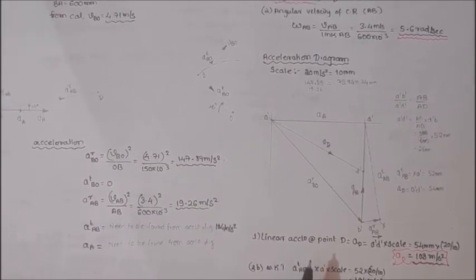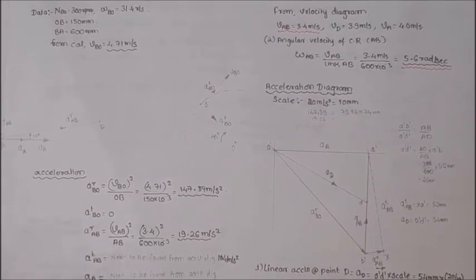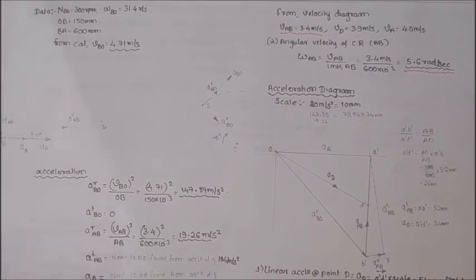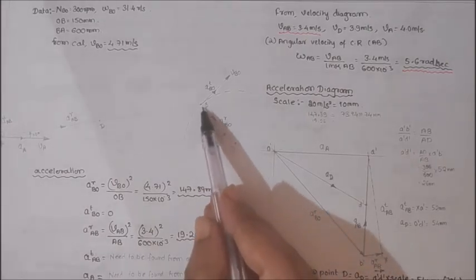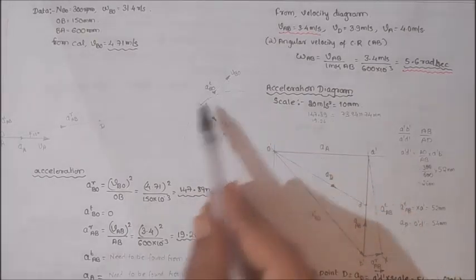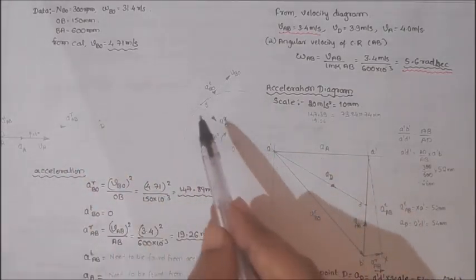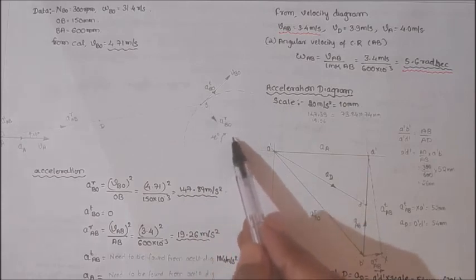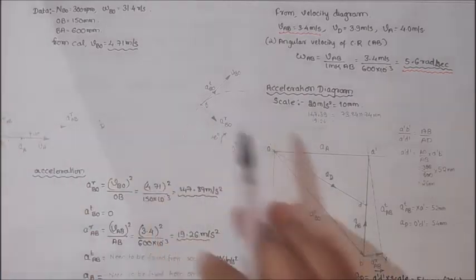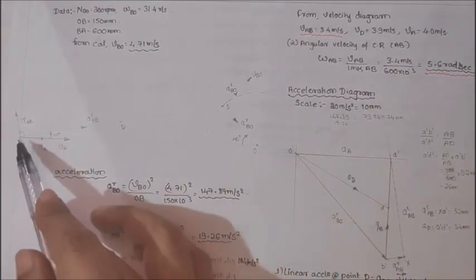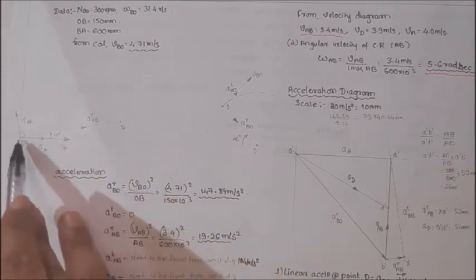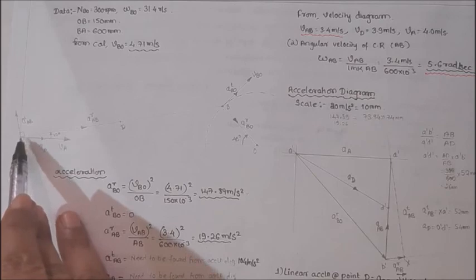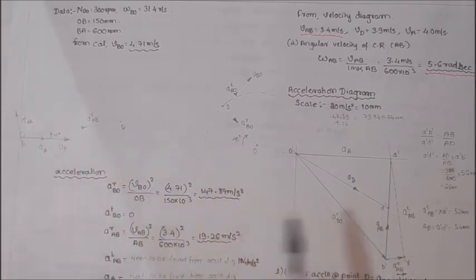So a quick recap of how to draw the acceleration diagram. So calculation part you can do. So first you have to find out the radial component, tangential component with respect to O, then shift from here till B, then find out the radial component and tangential component with respect to B of A point, then the acceleration, that is the radial component of a slider A with respect to O, which will be in this direction.